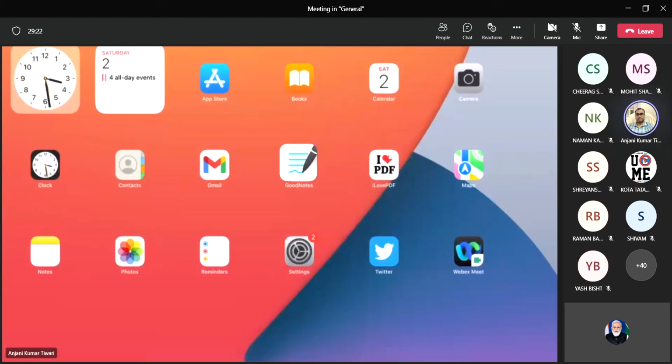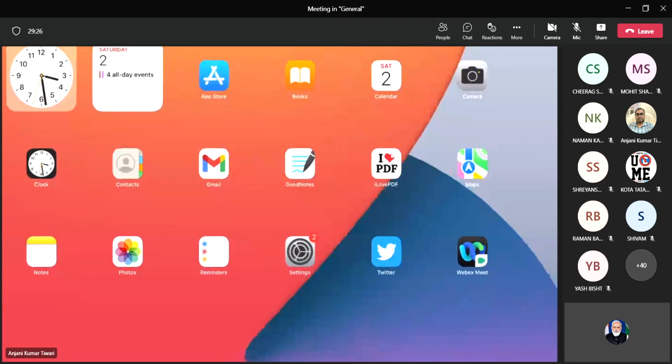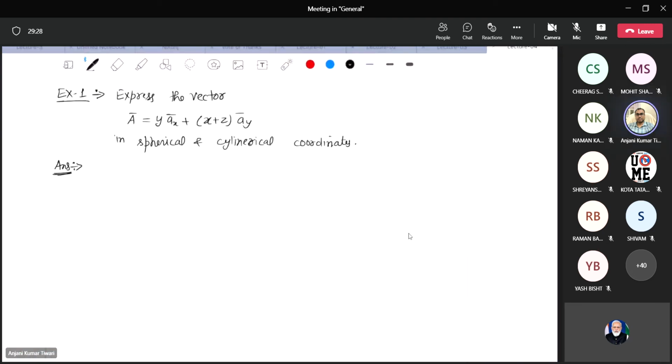So this is the question: a vector field is given, and you have to express this vector in the spherical and cylindrical coordinates. So how do we approach the problem? Can someone suggest how we start this problem?